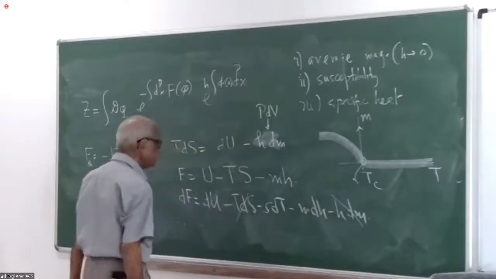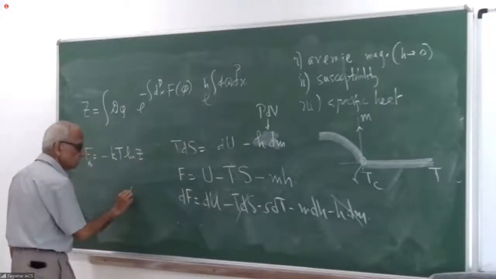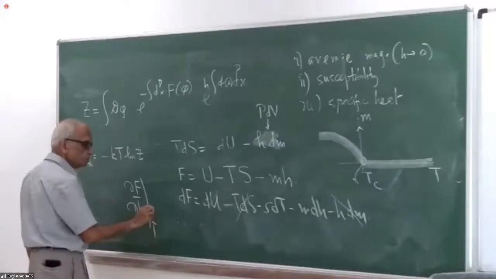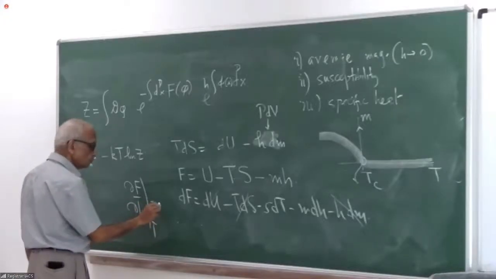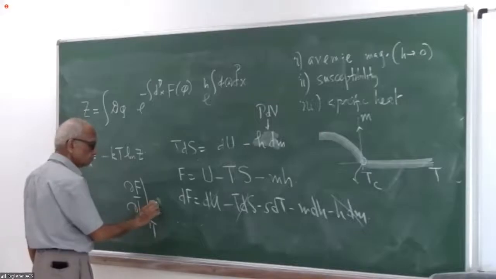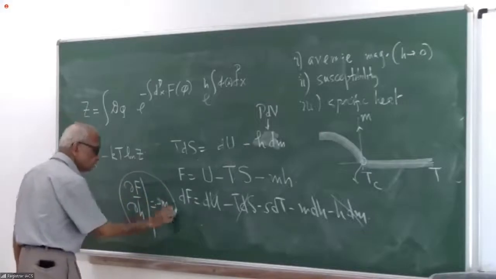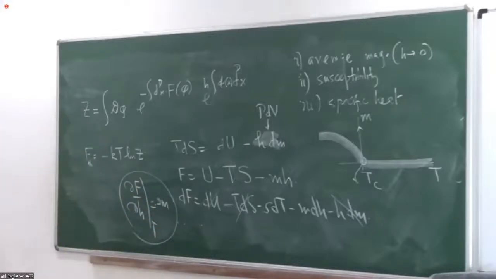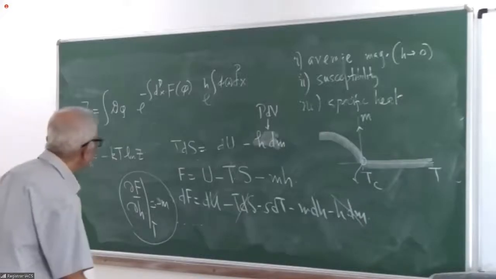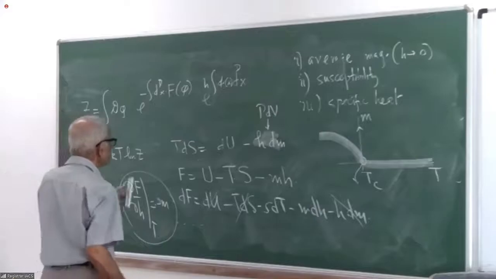It's the SdT, and it is del F del H at constant T is equal to minus M. So that's the thermodynamic identity that one needs to make use of: del F del H is equal to minus M at constant T, and therefore it is this F thermodynamics.